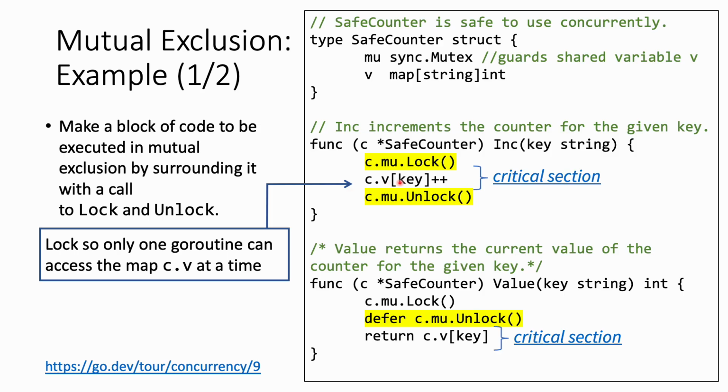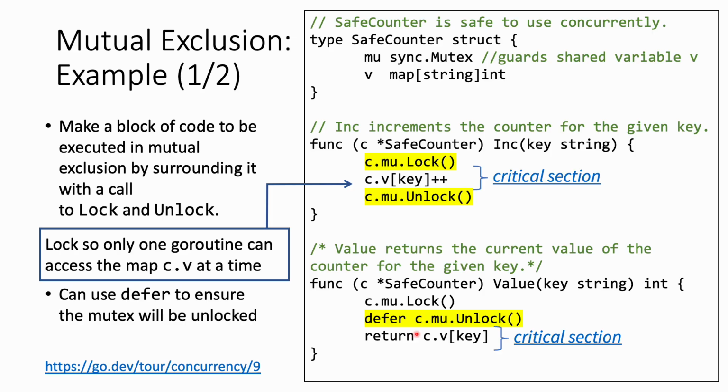So the code that increases the value of the map v at the given key in the inc method is a critical section. We can also use defer to ensure the mutex will be unlocked, as in the value method of safe_counter. Thus, the return statement in the method value is in a critical section.